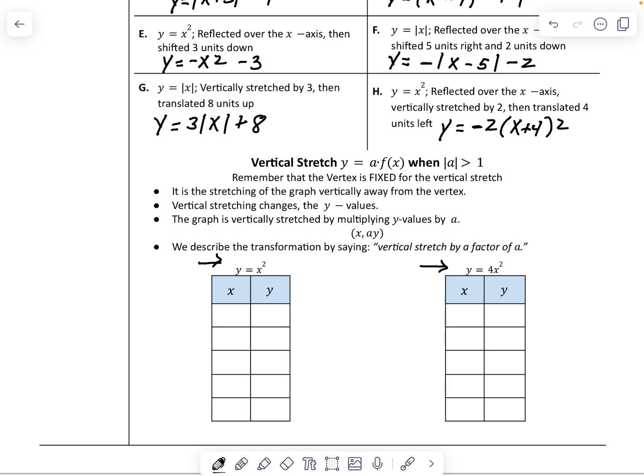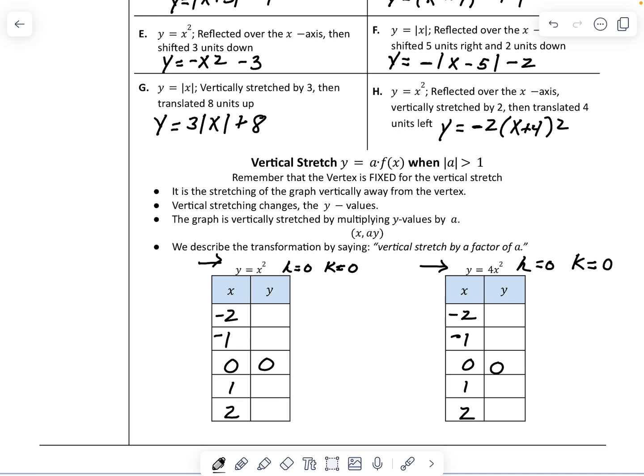Okay? So here our h equals 0 and our k equals 0. So we'll put our vertex in there right in the middle. And then here we're going to have -1, -2. We're going to have 1 and 2. Okay. Same with here, right? Our h equals 0 and our k equals 0. So 0, 0. We're going to have -1, -2, 1, and 2.